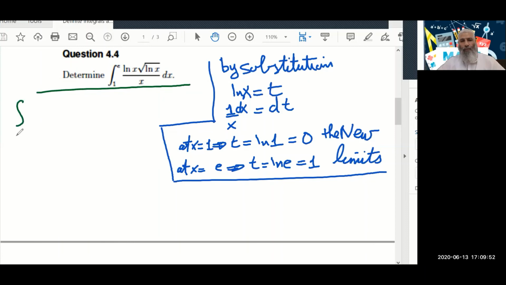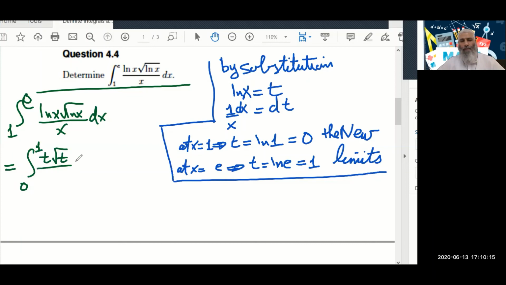Now, the integration from 1 to e of ln x root ln x divided by x dx is the integration from 0 to 1 of t times root t, and dx over x is just dt.